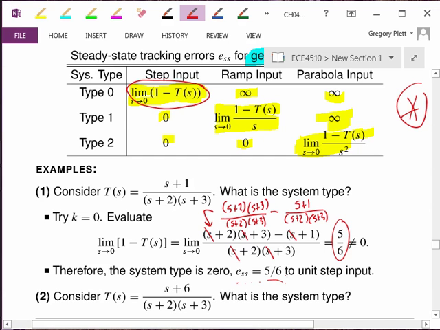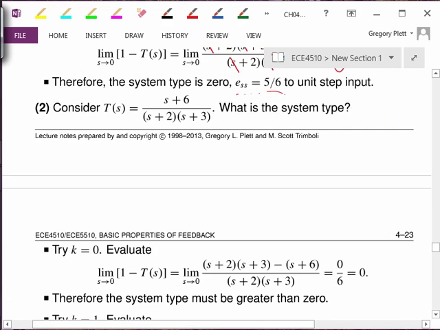Example 2. Consider T(s) = (s+6)/((s+2)(s+3)). Very similar to the first one, but the numerator is slightly different. So what's the system type? Again, we try k equals 0, and we perform that limit.